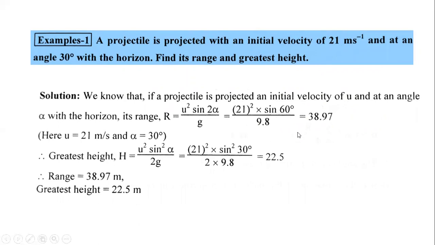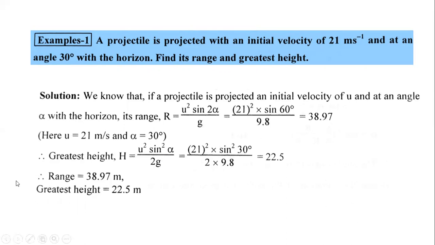After calculation, boys, you get 38.97. Here sine 60 degree equals root 3 by 2. Now, the greatest height equals u square sine square alpha by twice g.